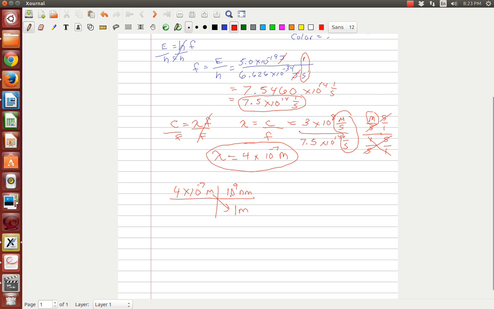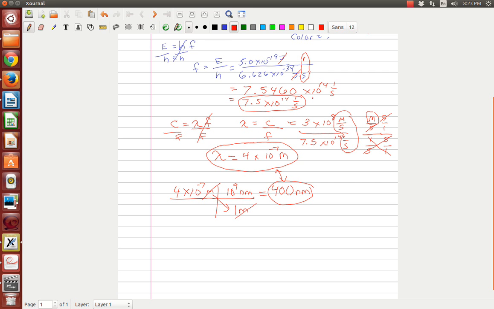Meters cancel. So 4 second function EE negative 7, enter, times 10 up caret 9, and I get, I knew it would be in this area, 400 nanometers. Okay, that's another wavelength. These are equal to each other.